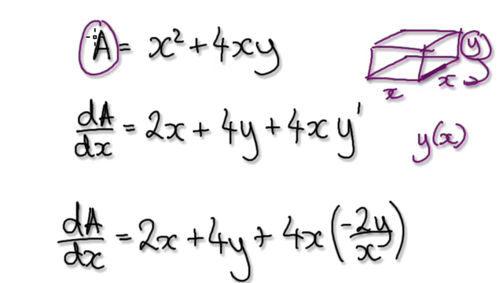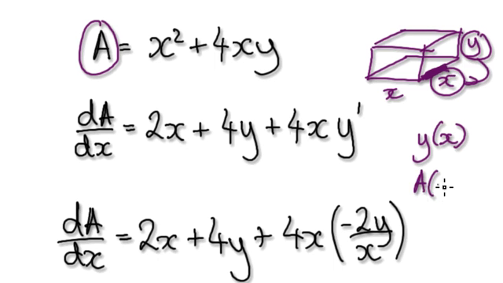Now, if you look at A here, A is the amount of material needed to produce this box. As you vary the x here, you are also varying the amount of material needed to make the box. Meaning, as you vary x, A reacts to you changing the x.